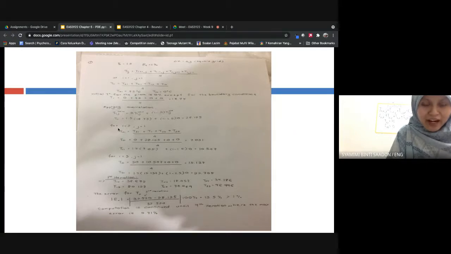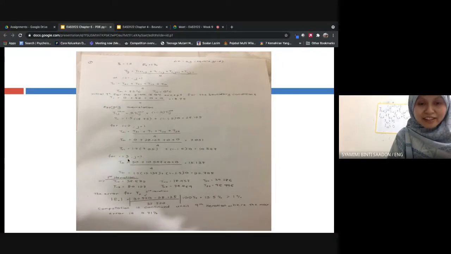Next we do the same for I equals 2. Just now I equals 1. And then we repeat again the equation for I2 and J1. So we have T21, using the Laplacian differential equation, divide by 4. So we have 10.547 degrees.